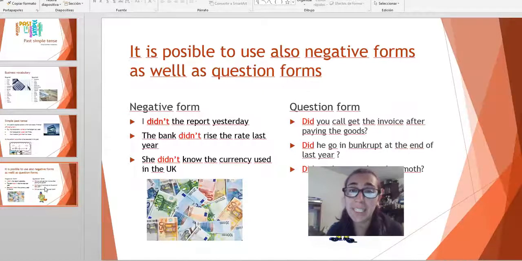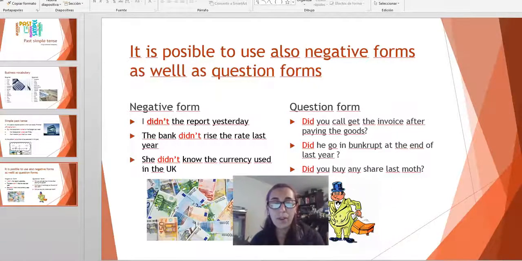So, for example, in negative, you can use didn't or did not, which is the auxiliary in this case for simple past, right? So, we have in this case the form. Let's see. I didn't do the report last week, for example. Or I didn't make, that will be better. I didn't make the report yesterday, right? That will be the verb.